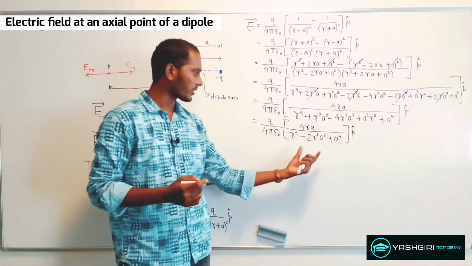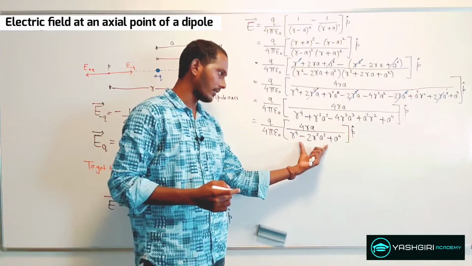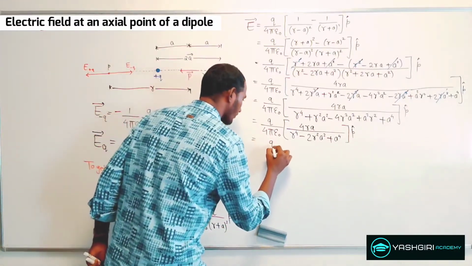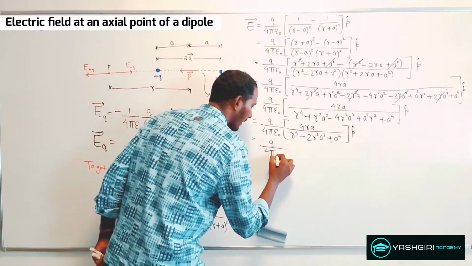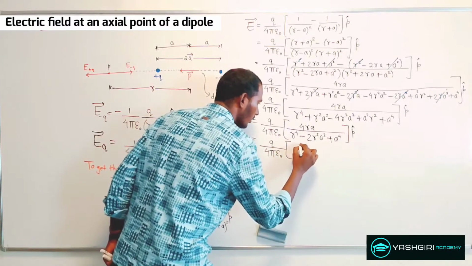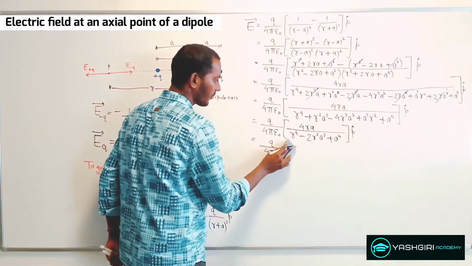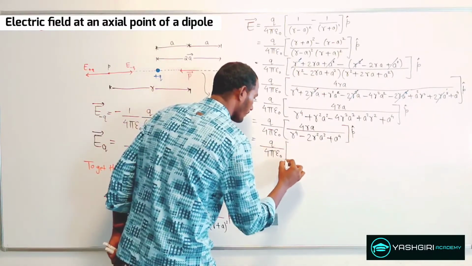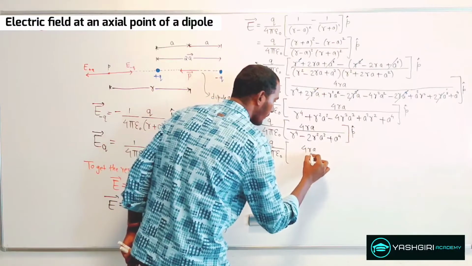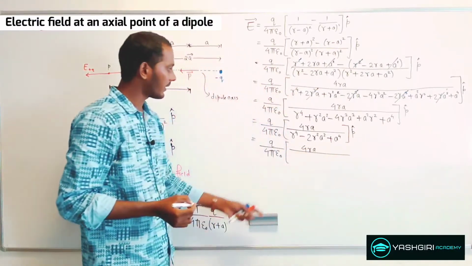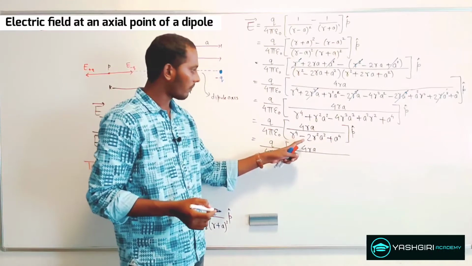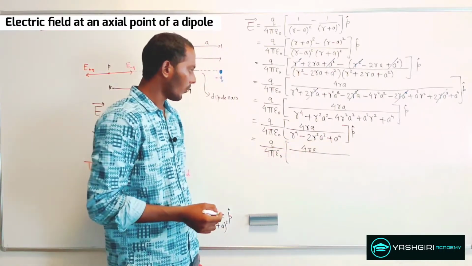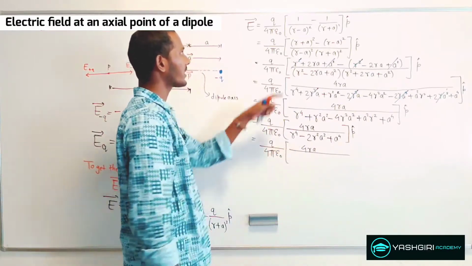So here I can just write this as Q upon 4 pi epsilon naught. Let me take this 4R square, write it here. So 4RA, and here it's nothing but R raised to 4 minus 2R square A square plus A raised to 4, which I can write in this form.